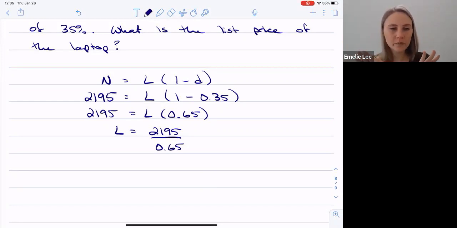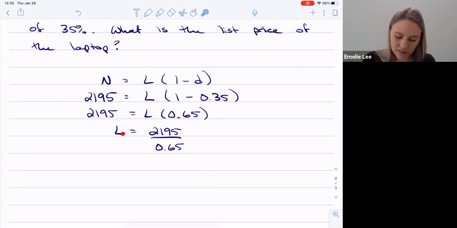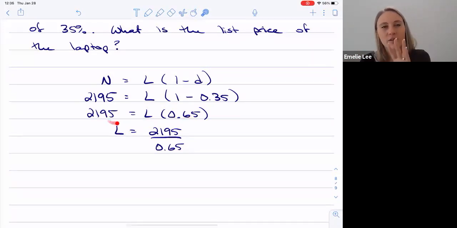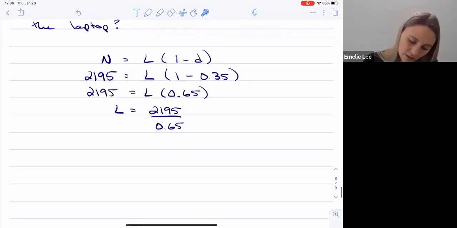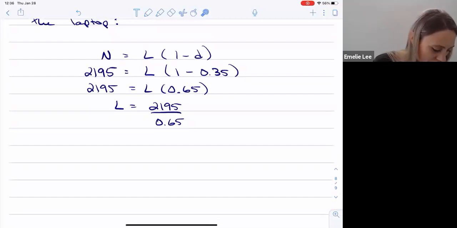And so I can do that, which is pretty common that I'll make this shift here. I'll move whatever I'm solving for to the left-hand side, but then I would also divide the 0.65 over, so that moves over here, okay? All right, 2195 divided by 0.65.